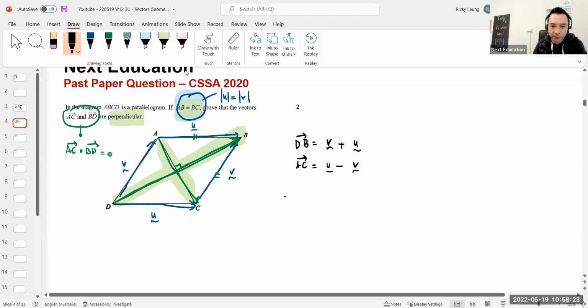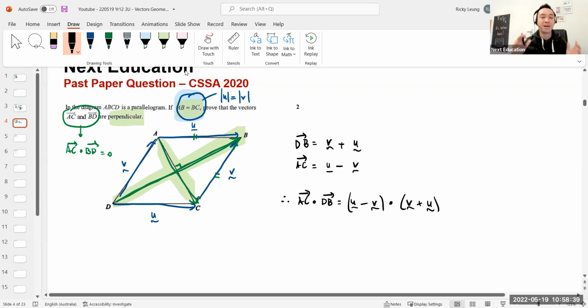And then you go, therefore, AC dot product with DB equals, and then we do exactly what we did before. Can you see the pattern? The algebra is repeated in so many questions. And this is what I say to my students. Once you realize this is the game, whenever you deal with this perpendicular type of question, and you talk about dot product equals 0, it's predictable.